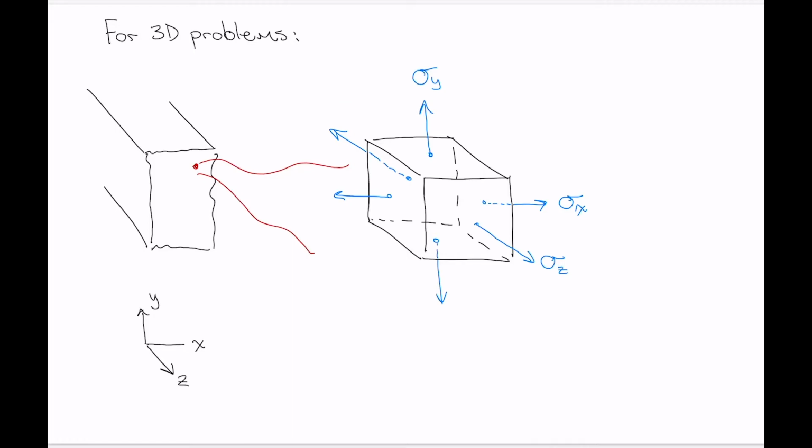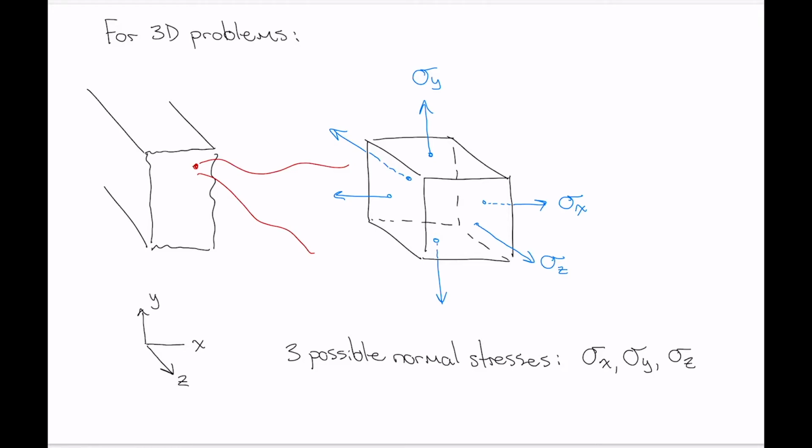Okay, so those are all the different normal stresses that we can have when we're dealing with a 3-dimensional problem. You can have one normal stress along each of the 3 axes. So 3 possible normal stresses. Okay, we've got sigma subscript x, sigma subscript y, and sigma subscript z. Okay, that's pretty easy.